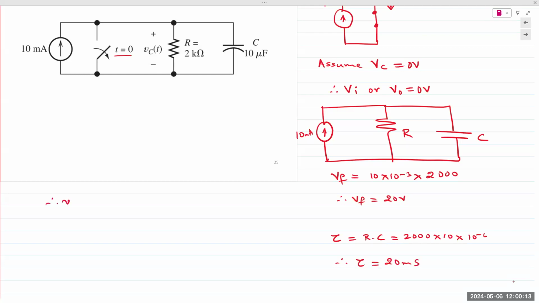And then we plug it into our expression for VC of t, Vf plus V0 minus Vf times e raised to minus t over tau.